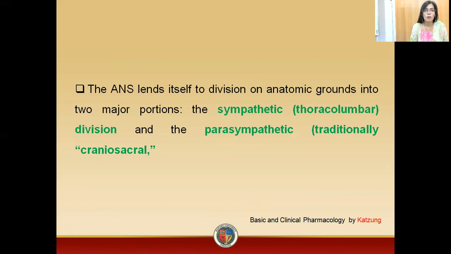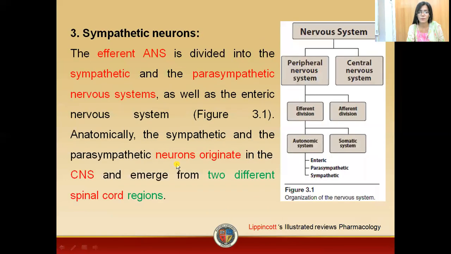According to anatomy, the sympathetic division is the thoracolumbar division, and the parasympathetic division is the craniosacral division. That is how we classify the autonomic nervous system according to anatomy, according to the origination of the neurons. Now, we are going to discuss the anatomy of sympathetic neurons.